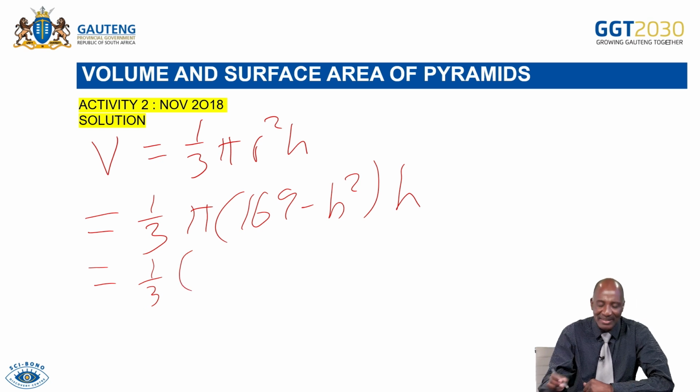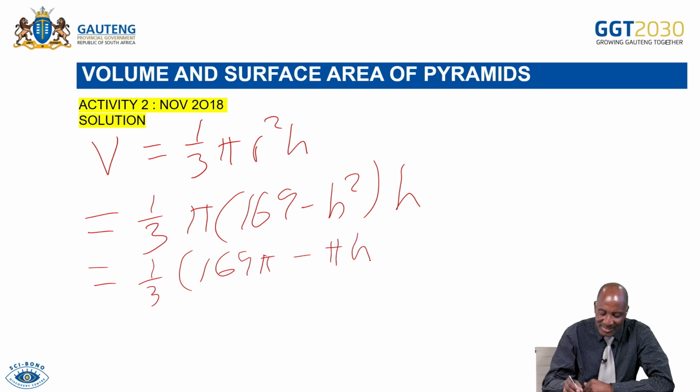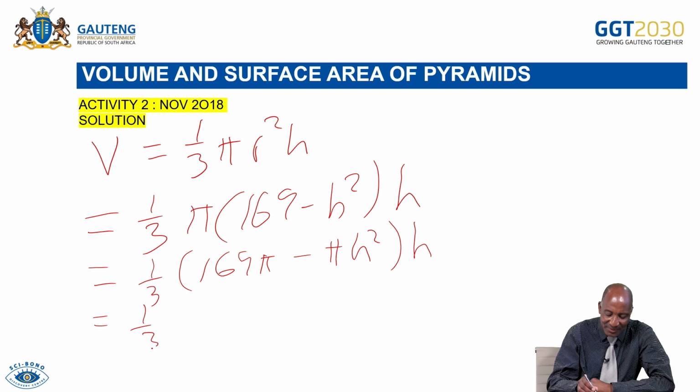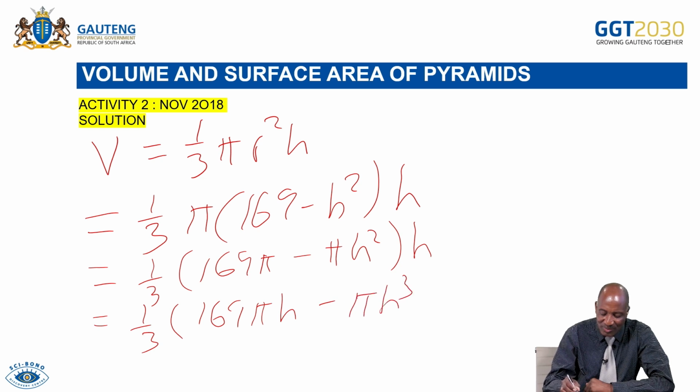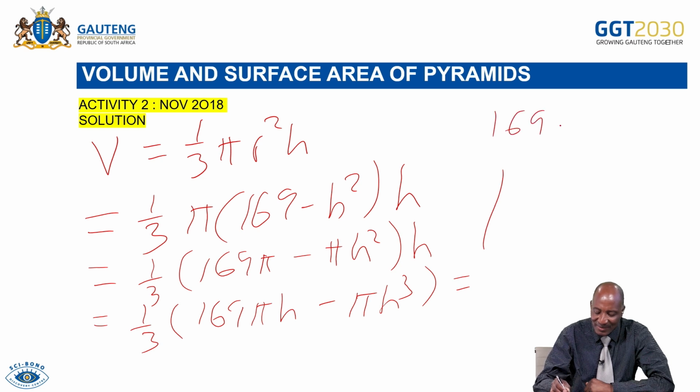I distribute pi. It will be 169 pi, then minus pi h squared multiplied by h on the other side. Next, I distribute h. It's going to be 1/3 into 169 pi h minus pi h cubed, which is the same as saying 169 pi h minus pi h cubed divided by 3.